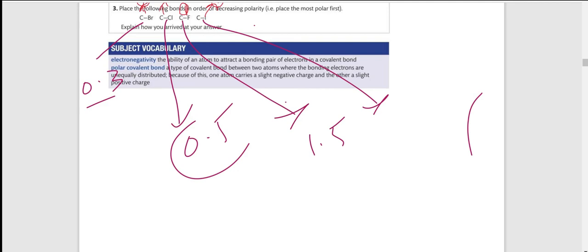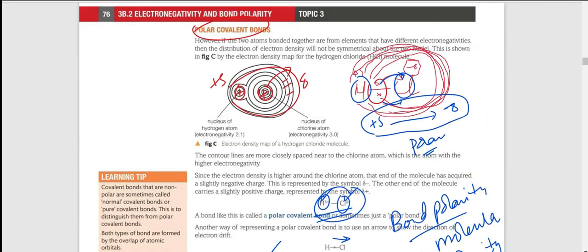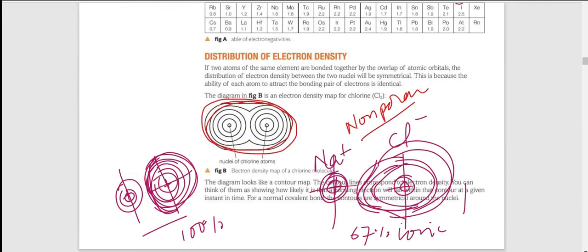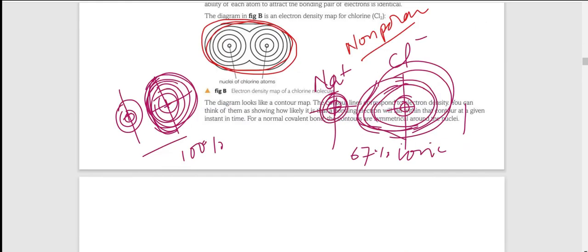They both have the same electronegativity values. Yes, sir. Let us see in the table. Okay, 2.5 and 2.5, we are on the 0. So 0 means it's a pure covalent character.